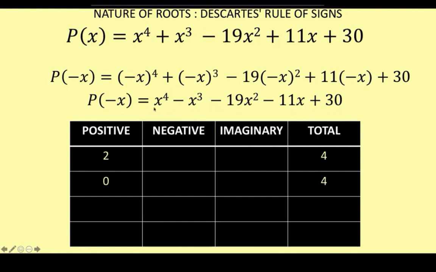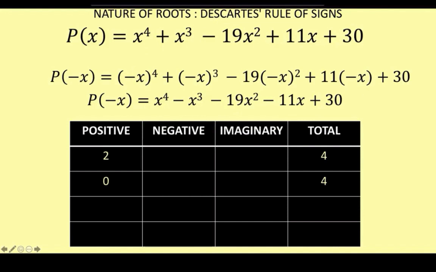A faster way of getting p of negative x is whenever you have an even exponent, just copy that term, and when you have an odd exponent, change the sign of that term. So here the term preceding x cubed is positive, we make it negative. The term preceding 11x is positive, we make it negative. And all the rest, we just copy it.